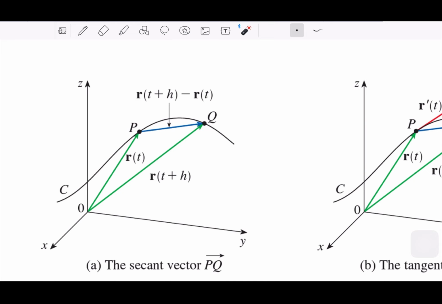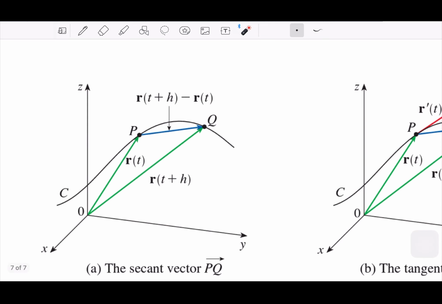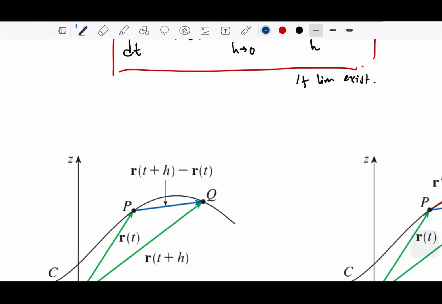Okay, and if you imagine this is our curve, then PQ is our secant. Okay, so our secant vector. If you remember what we did in calculus 1, we have exactly the same way.